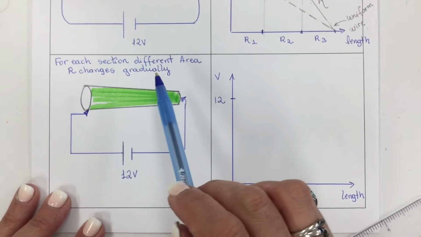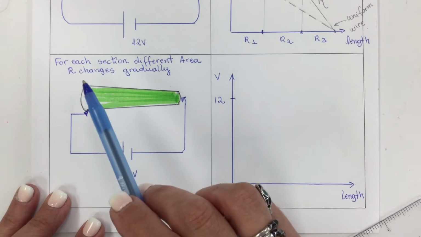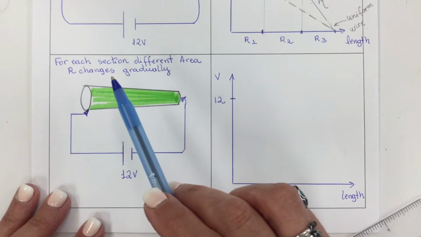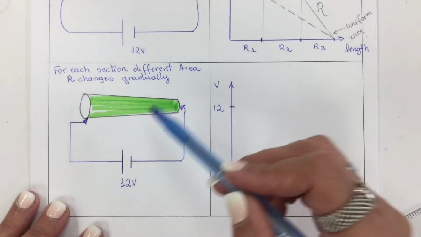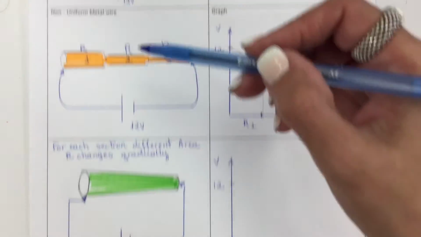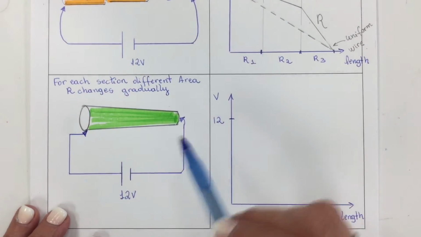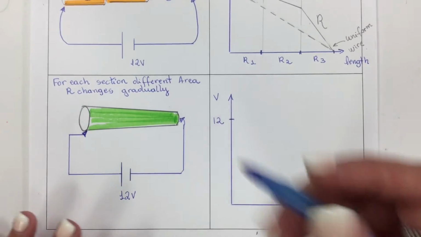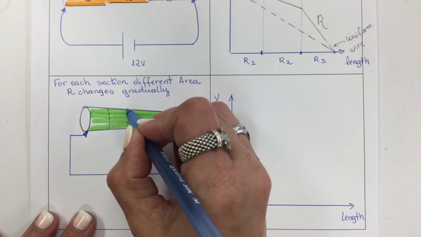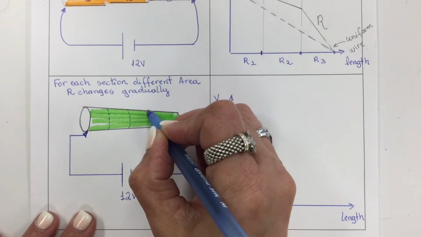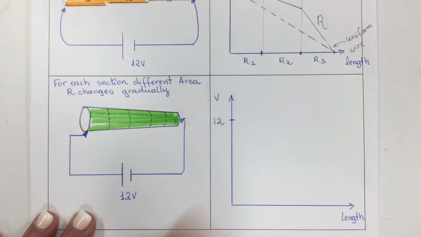So for each section, we have a different area. So R, or the resistance, changes gradually. And I don't have a defined section like I did on those prior ones for a non-uniform wire. So I'm going to go ahead and pick 4 sections, 1, 2, 3, and 4.